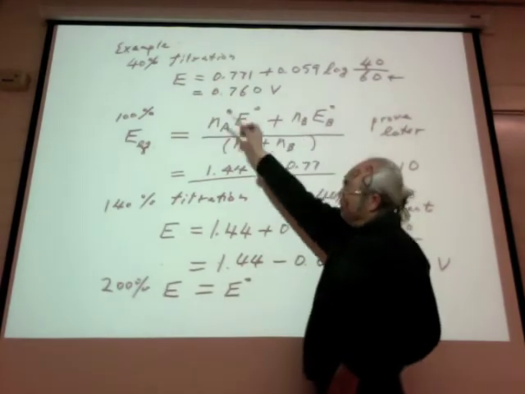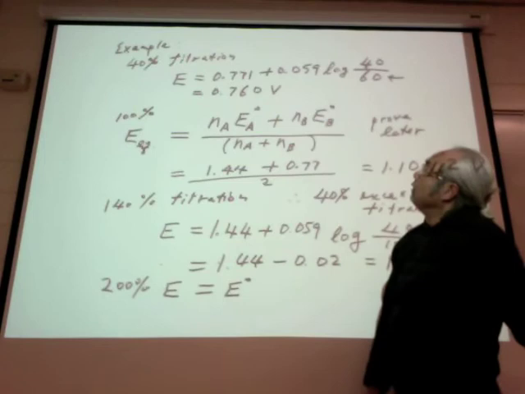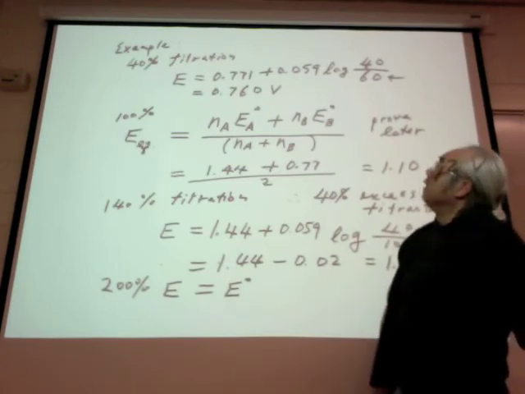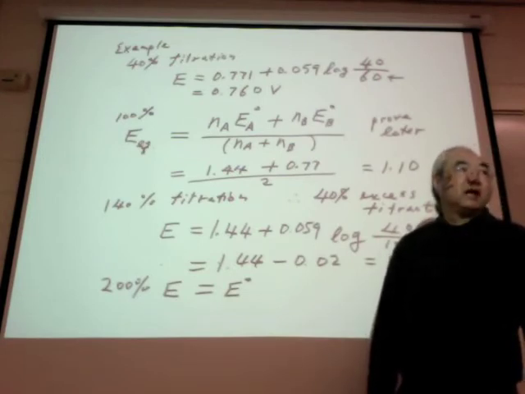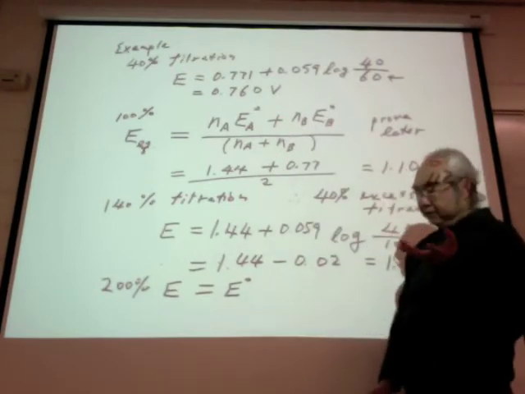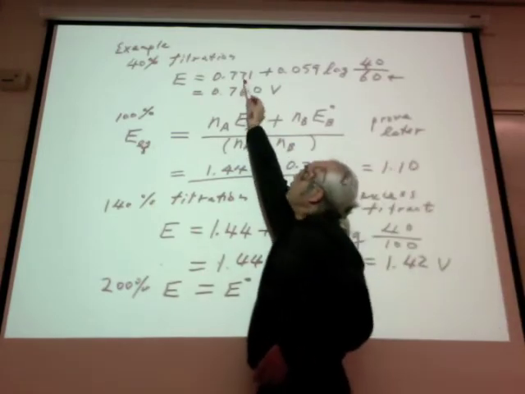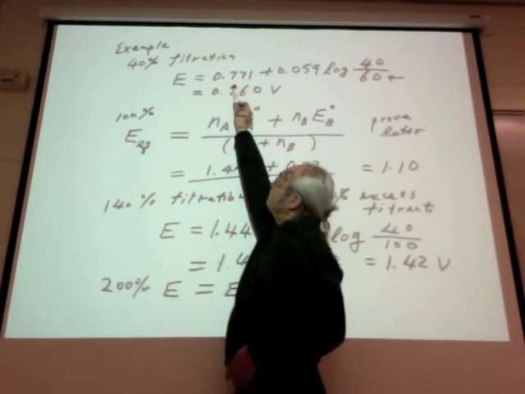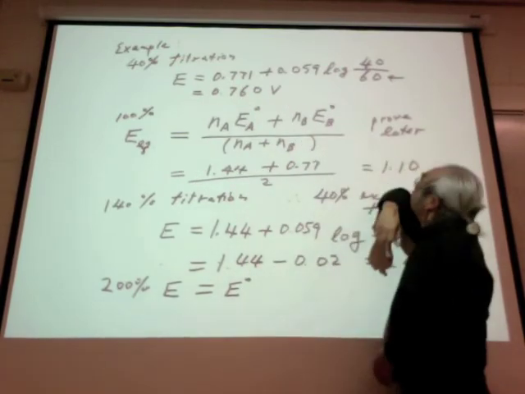Let's say 40% finished the titration. This is equivalent to adding so much of your titrant that 40% of your analyte reacted. 100% is at the endpoint. So 40% titration is before the endpoint, and before the endpoint is based on your analyte, right? So the potential, your analyte is the iron, E naught, the Nernst equation.